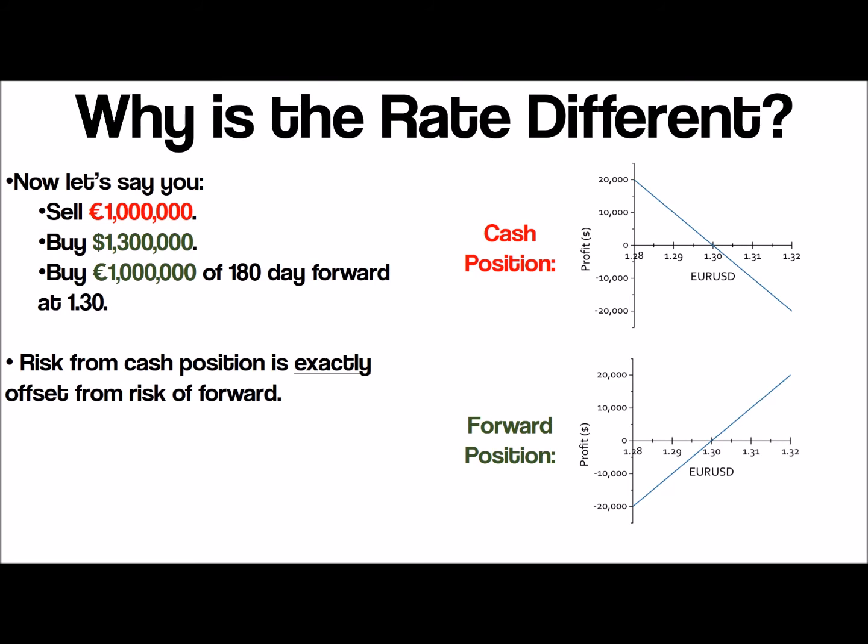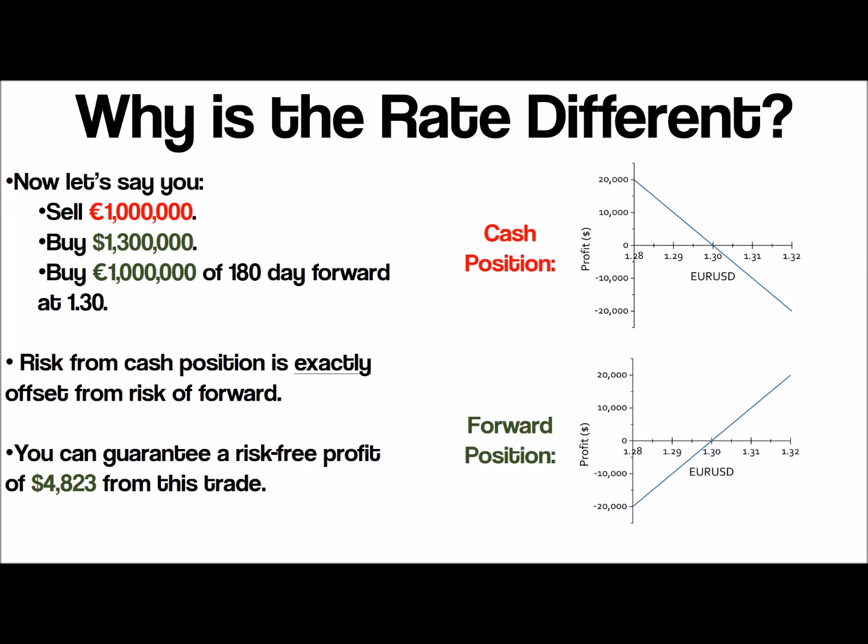For example, if euro dollar were to drop down to 1.28, you would make $20,000 from your cash position. However, you've also got this forward position, which means you would actually lose $20,000 from the forward. What this means is if you put on this trade, you have zero exposure to the euro dollar exchange rate. And that means you can guarantee a risk-free profit of about $4,800 from carrying out this trade.